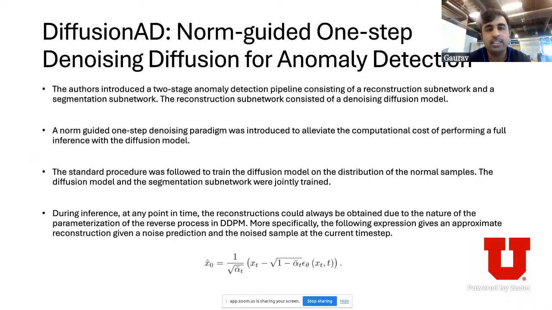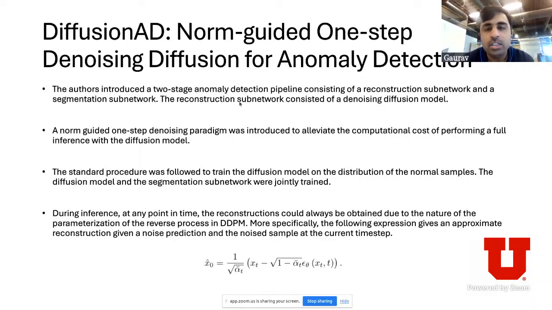So I think this is another article which basically uses a different type of conditioning, and it's DiffusionAD, which is norm-guided one-step denoising diffusion for anomaly detection. In this case, the authors introduced a two-stage anomaly detection pipeline consisting of a reconstruction subnetwork and a segmentation subnetwork. So it is similar to DRAEM in that aspect.